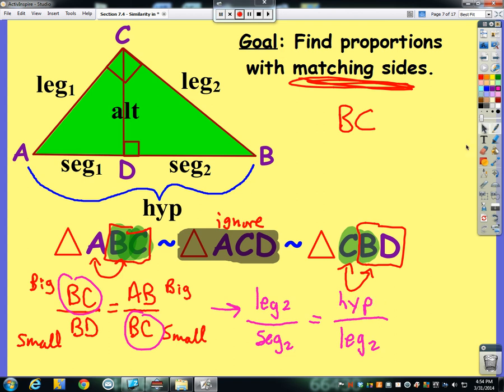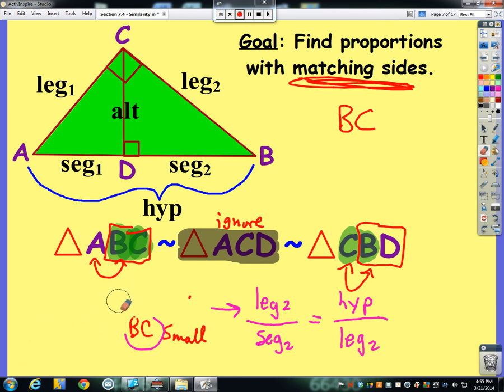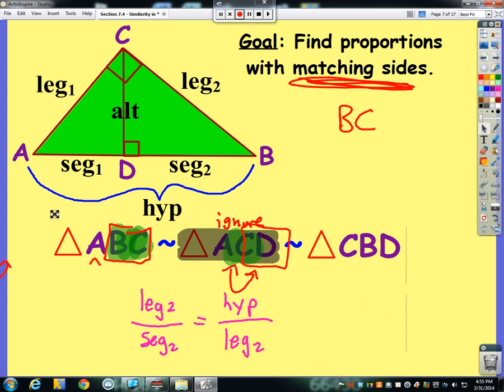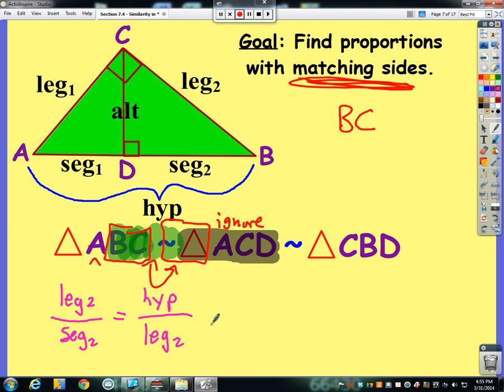So again, if I were to take this now and cross multiply, I would get leg 2 times itself, which means leg 2 squared, equals segment 2 times hypotenuse.